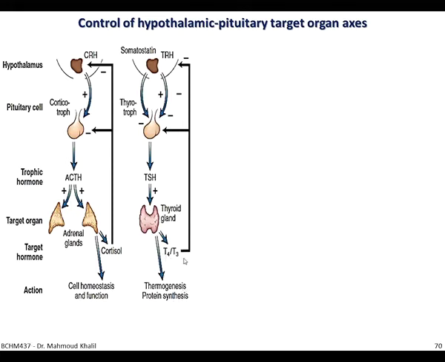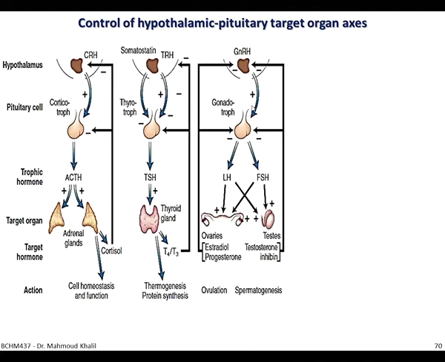Again, when the function of T3 or T4 is terminated, it will provide a negative feedback loop to affect secretion at the level of the pituitary gland and the hypothalamus. You can see that there is another hormone, somatostatin, which will negatively regulate these axes.